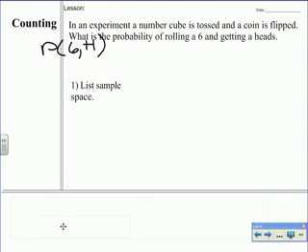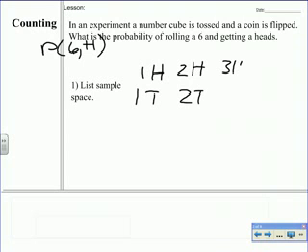In order to do that, the first thing I have to do is list the sample space. So what are all the different outcomes? Well, what's the first number I could roll? 1. And then when I flip the coin, what could I get? Heads. Or I could get a 1 and do what? I could get a heads, 2, and get a tail. So do you see what I'm doing? I'm just listing all the different numbers. Running out of room.